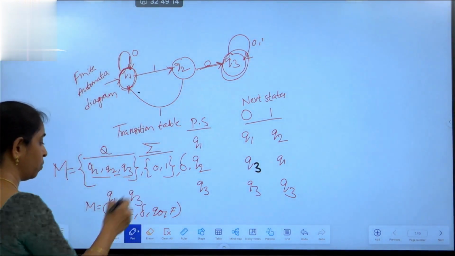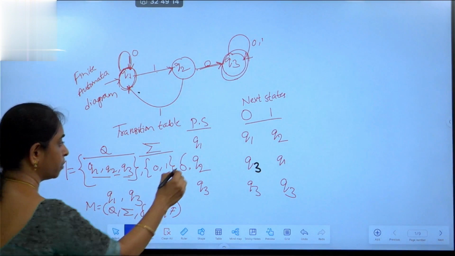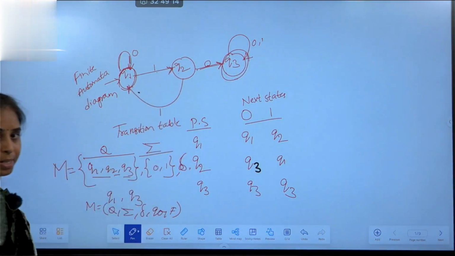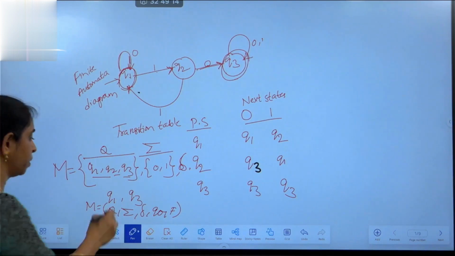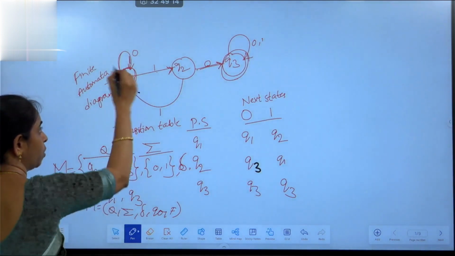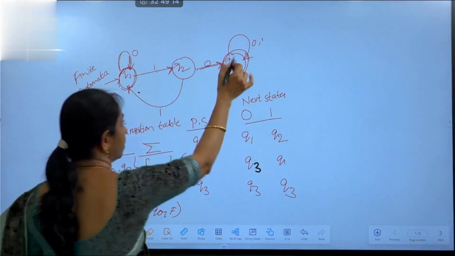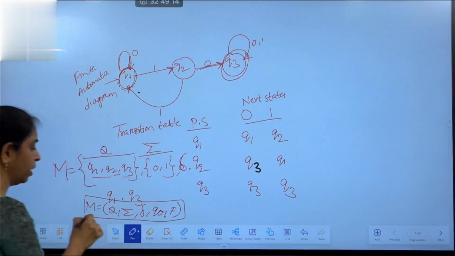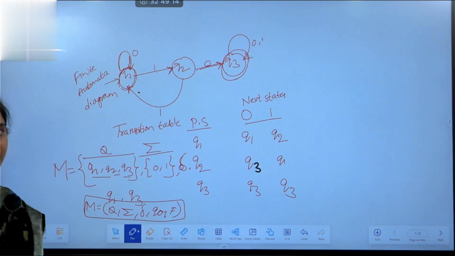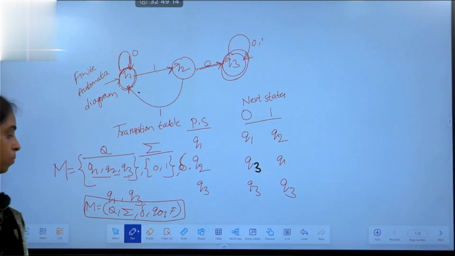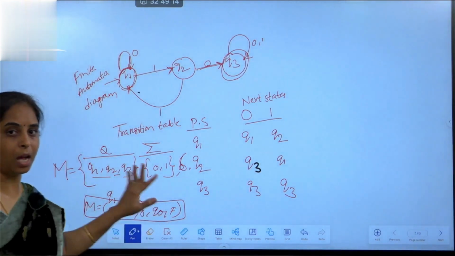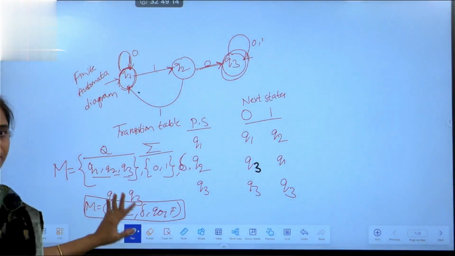Next is the transition function, where we are moving, the arrow marks, which we call the transition function. Next we have the initial state, Q1, and the final state. These five tuples, Q, sigma, delta, Q naught, and F, give the formal definition of the finite automata.